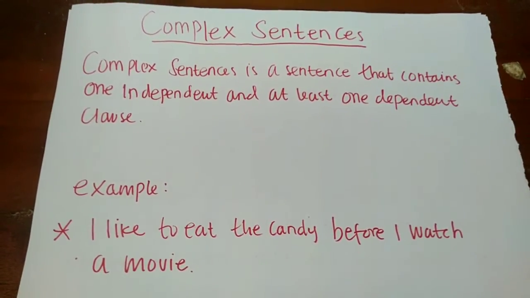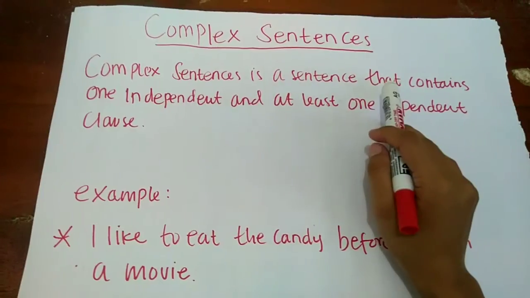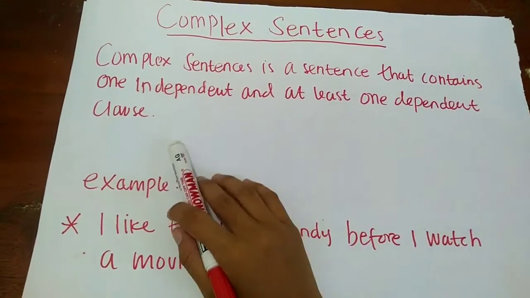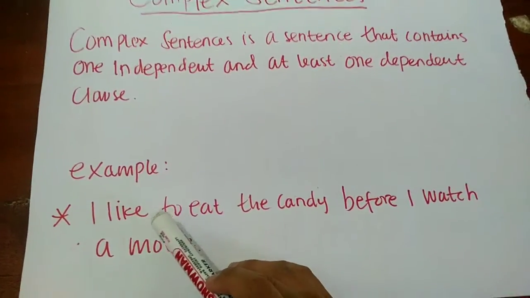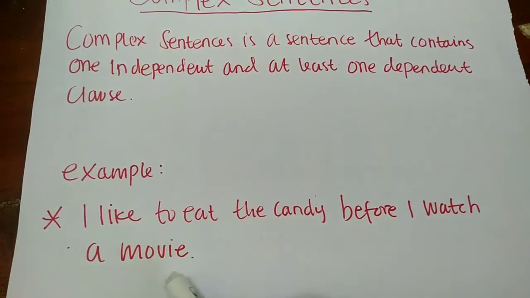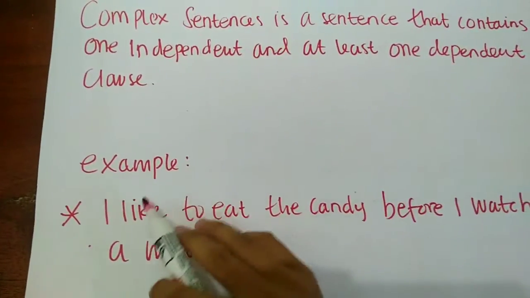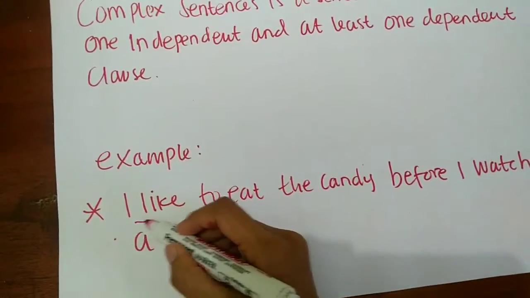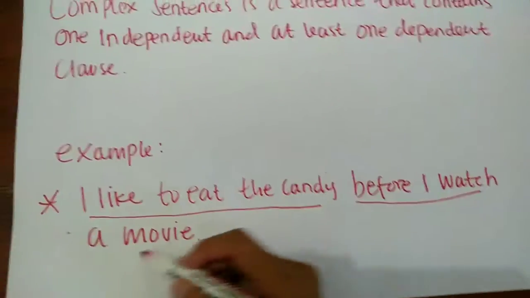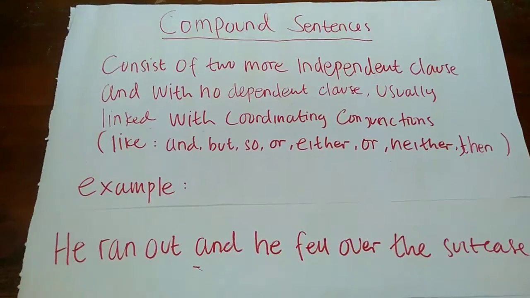And the next is the complex sentence. A complex sentence is a sentence that contains one independent clause and at least one dependent clause. The example is I like to eat the candy before I watch a movie. I like to eat the candy is an independent clause, and before I watch a movie is a dependent clause. Compound sentence.